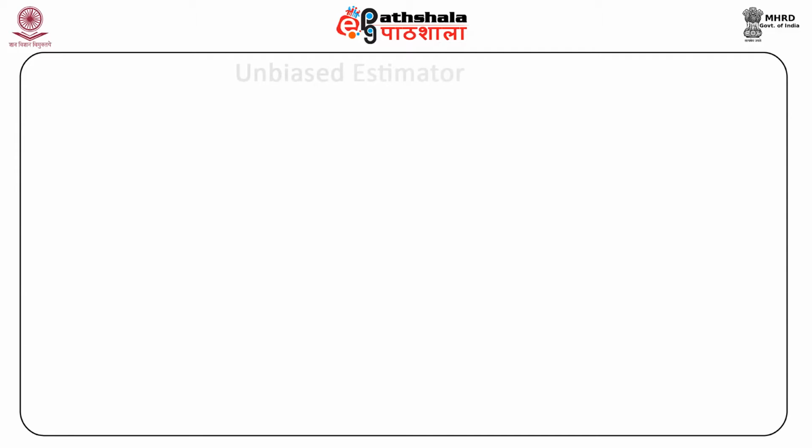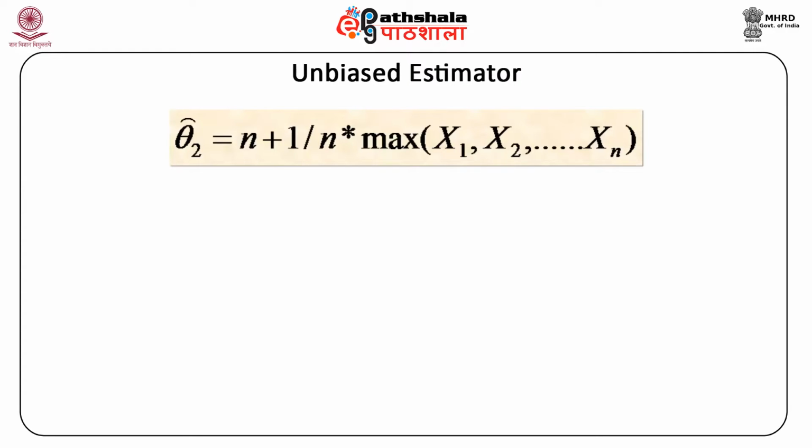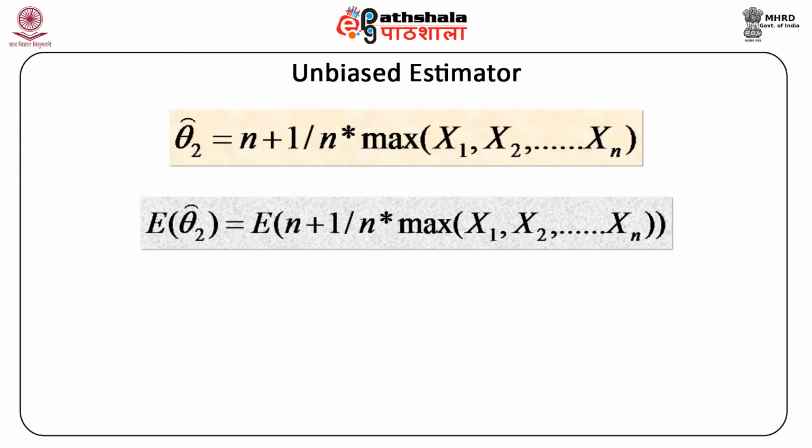This estimator can be modified to get an unbiased estimator theta 2 hat by the following formula. Theta 2 hat is equal to (n plus 1)/n times max of x1, x2, up to xn. Hence, the expectation of theta 2 hat is equal to E[(n plus 1)/n times max(x1, x2, up to xn)].